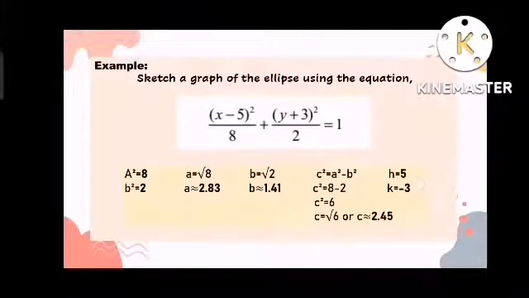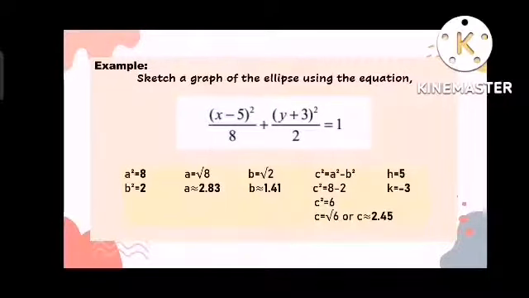Example: sketch a graph of the ellipse using the equation quantity x minus 5 squared over 8 plus quantity y plus 3 squared over 2 equals 1. Since the denominator of x squared is larger, which is 8, the ellipse has a horizontal major axis.